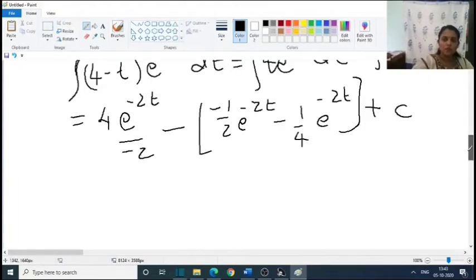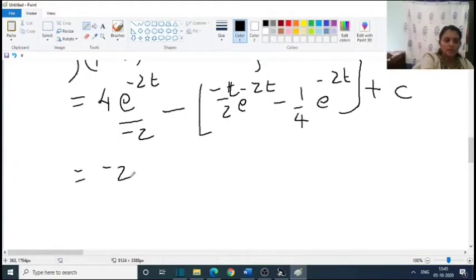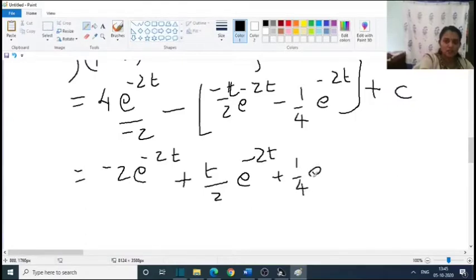So this is equal to 4 by 2, this is equal to minus 2 e raised to minus 2t, minus, this is plus, t by 2 e raised to minus 2t, this is plus 1 by 4 e raised to minus 2t plus c.